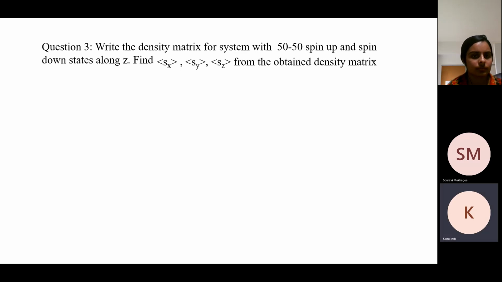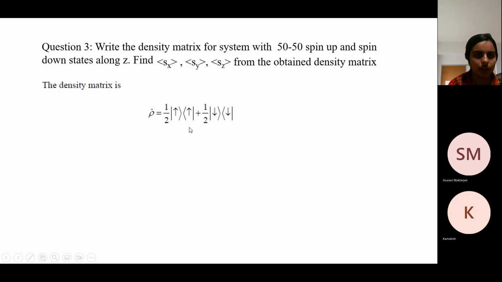Ma'am, 1 by 2 of spin up plus 1 by 2 of spin down. Yes, outer product, right? This is called the outer product. So half of up and half of down, right? This is what you meant? Yes, ma'am. Yeah, right. Very good.